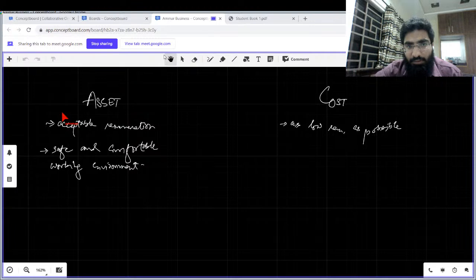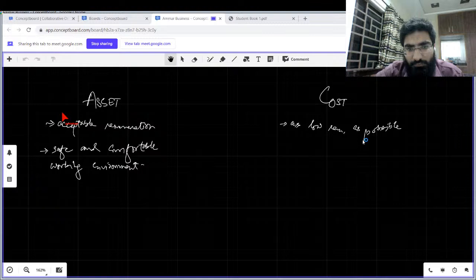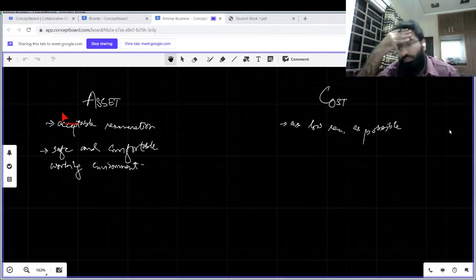For example, there are proper laws or proper rules to address the concerns of employees.